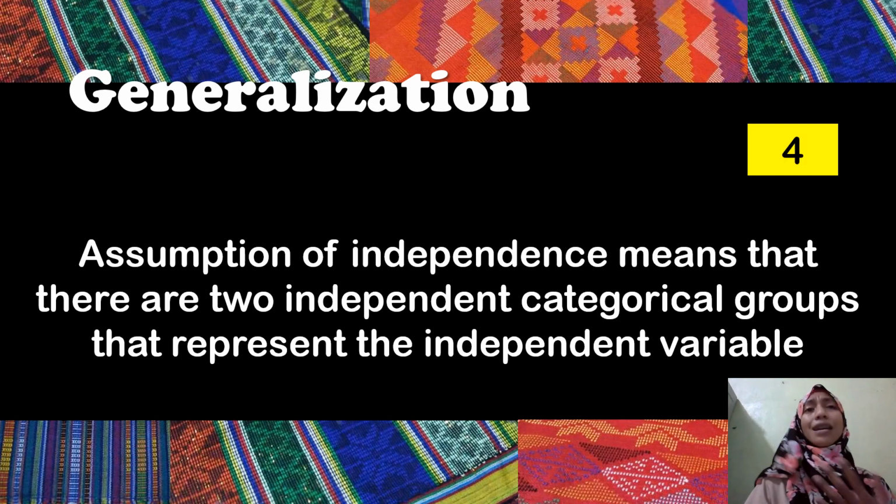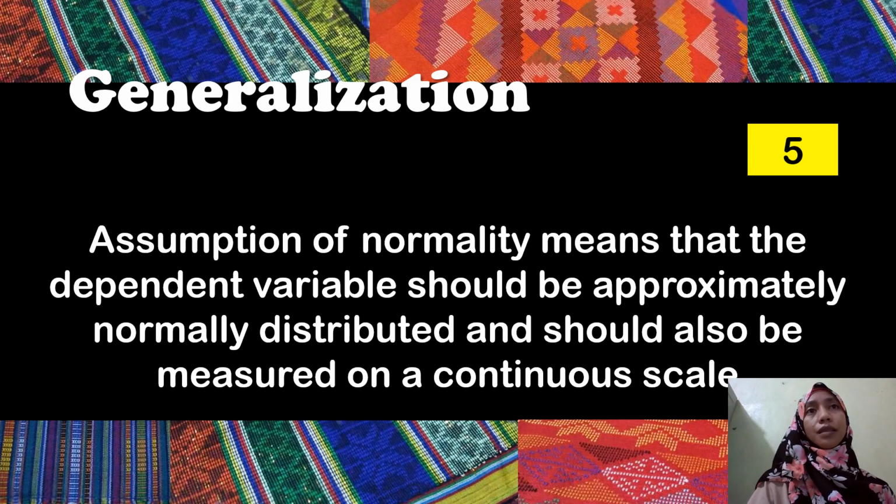Fourth, assumption of independence means that there are two independent categorical groups that represent the independent variable. Assumption of normality means that the dependent variable should be approximately normally distributed and should also be measured on a continuous scale.